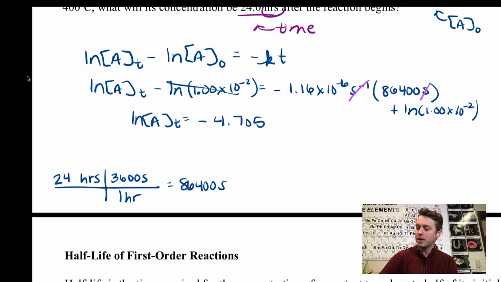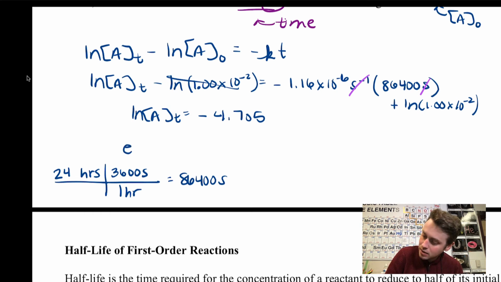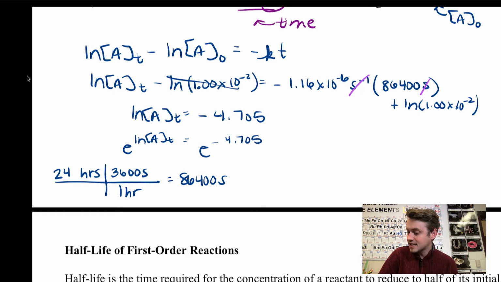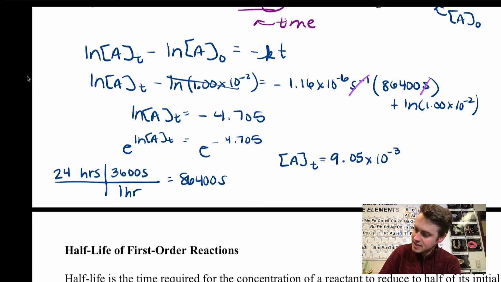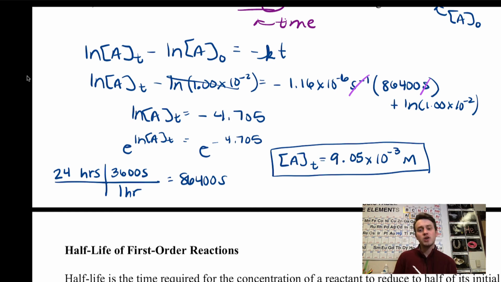So I'm going to do e to that, and that ends up giving me the concentration of A at time t of 9.05 times 10 to the negative 3rd molar. So after a day, that would be my concentration of A.